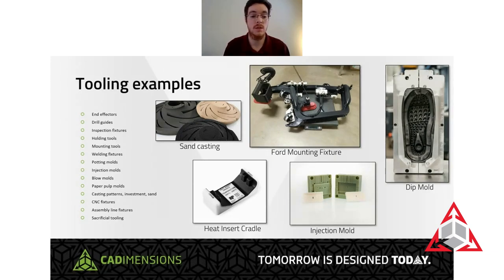What we've also seen is the Origin One, DLP technology, coming into play for injection molds. I've been printing some of those, and our customers have been testing them. Then you also have dip molds. That's from a company called Echo Footwear. They printed the dip mold on the Origin One and were able to use it in production to make their actual shoes. So that was pretty interesting.